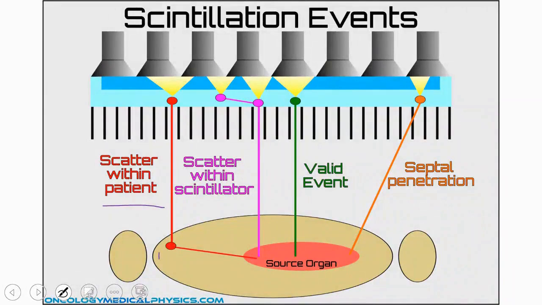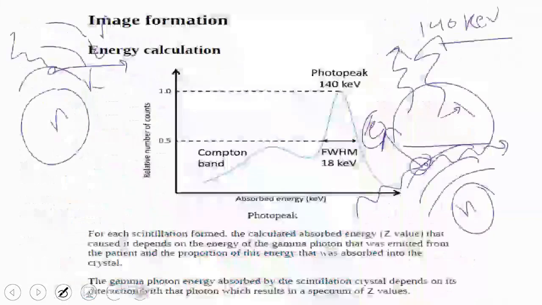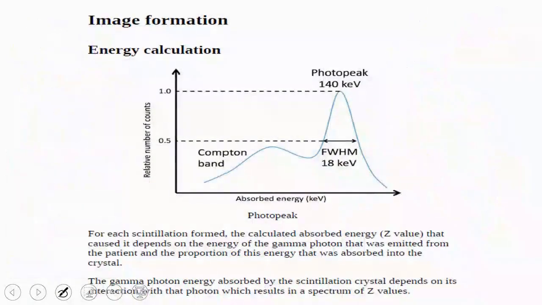This does not prevent a part from undergoing Compton scattering inside the ideal scintillator. So you will find that there is a spectrum. This spectrum represents the relationship between the energy absorbed in the crystal and the relative number of counts, meaning the intensity, which is the number of photons representing that energy.